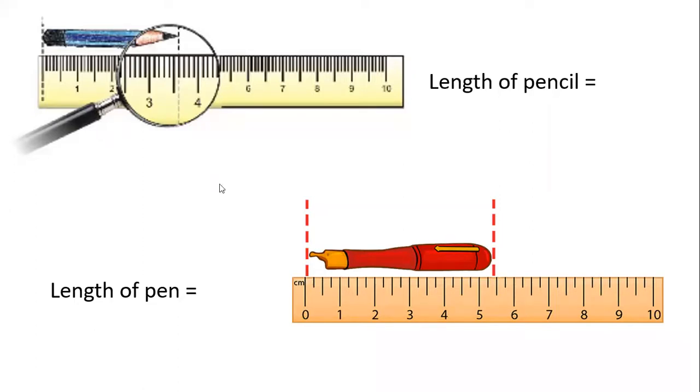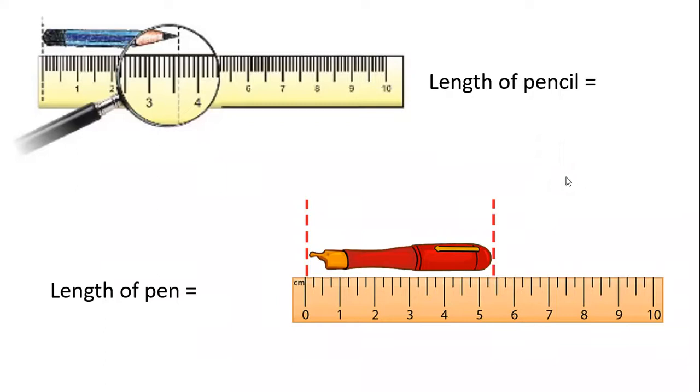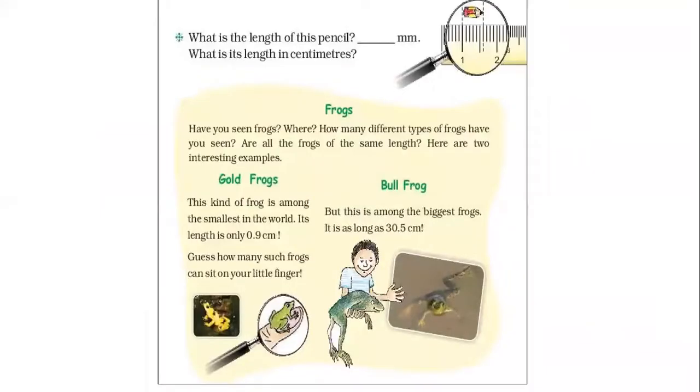Sir, the second answer is 3.6, I got. 3.6 we completed long back. Okay, 3.6 is correct. The pen is 5.5 centimeters, not meters, and not millimeters.